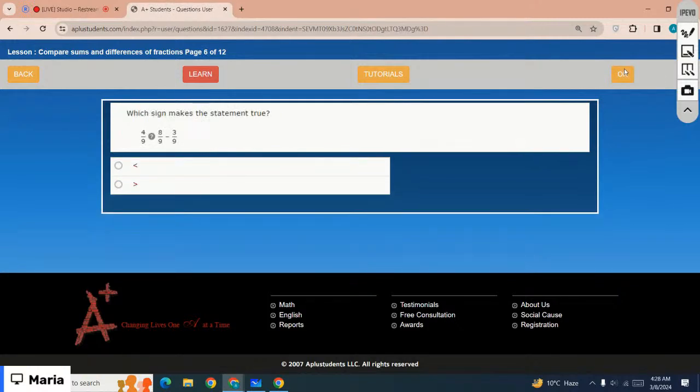4 over 9, you have to compare it to 8 over 9 minus 3 over 9. So which is the correct option?